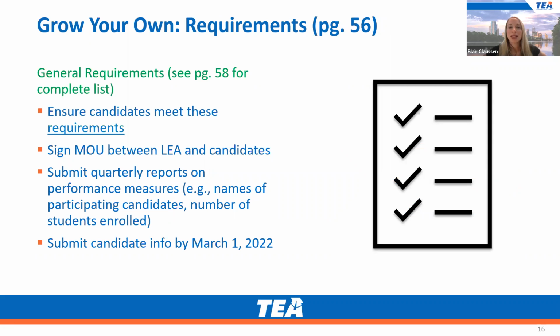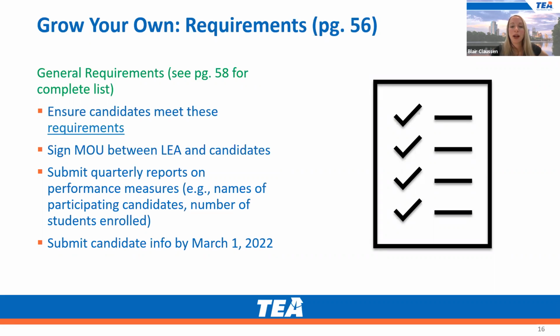I also did want to spend a little bit of time covering some of the general requirements here. This is on page 56 of that guidance document. These general requirements are for either 4A or 4B and 4C, so these are overarching requirements.